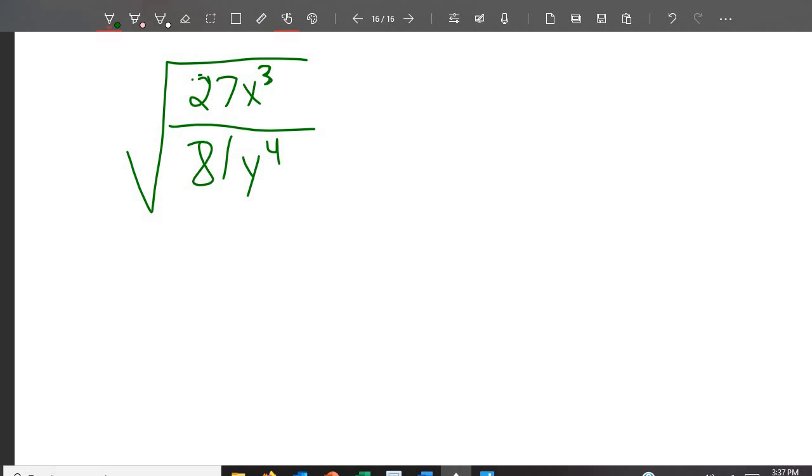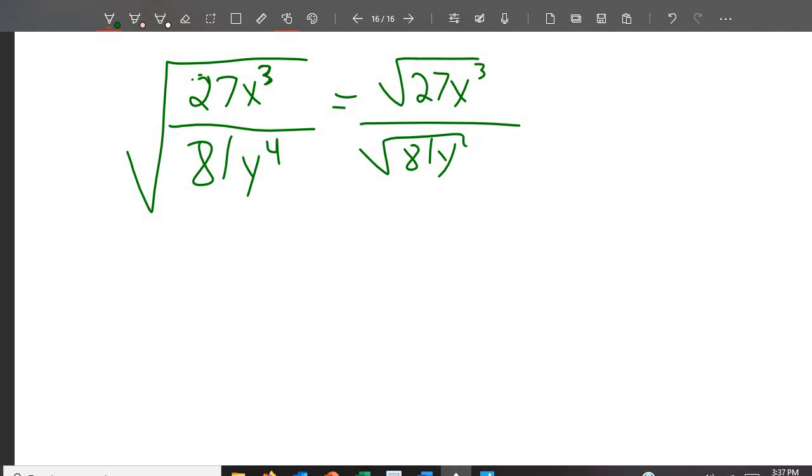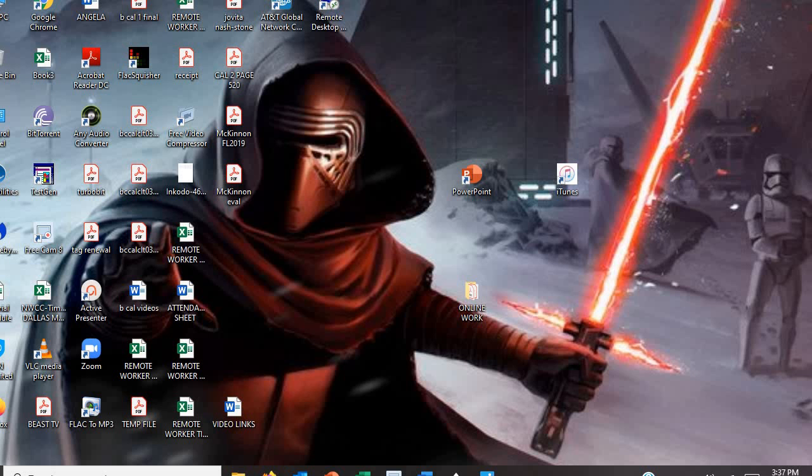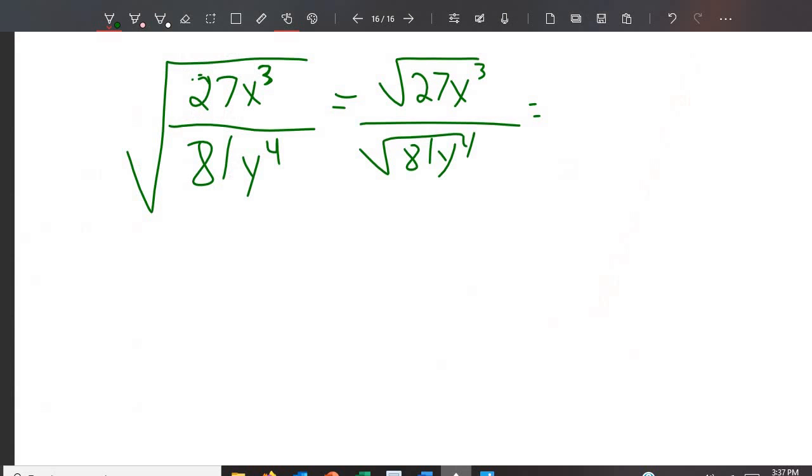So we can break it apart: 27x cubed up top, 81y to the 4th on the bottom. Well, here's the good news. I can simplify the bottom. That's just 9y squared.